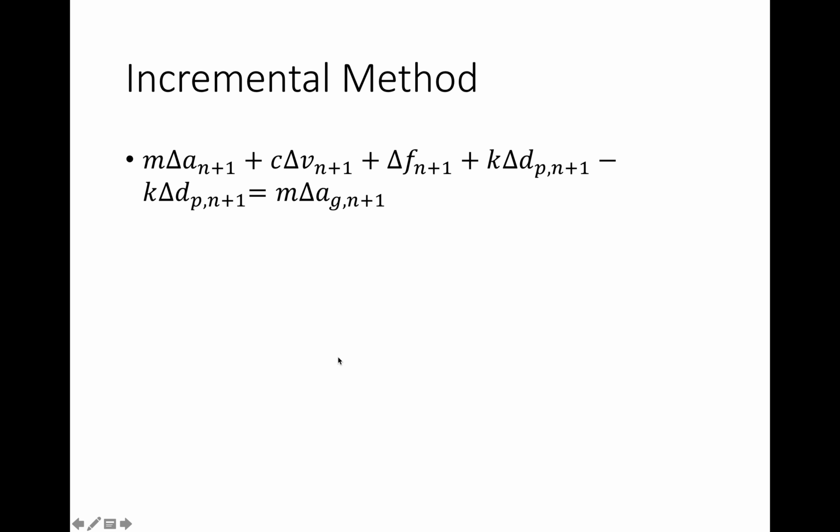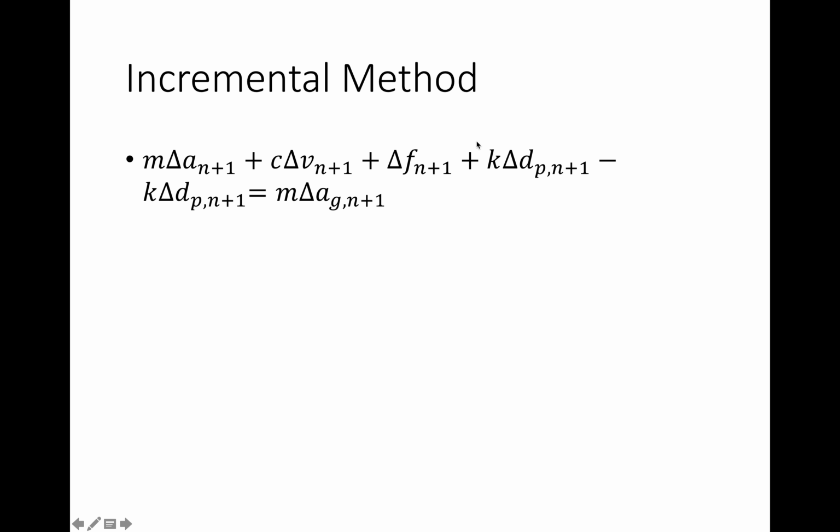However, in the typical incremental method, we can use delta n plus 1, but we can also add k times delta predicted n plus 1, and minus k times the predicted. So they are the same as the equation before.